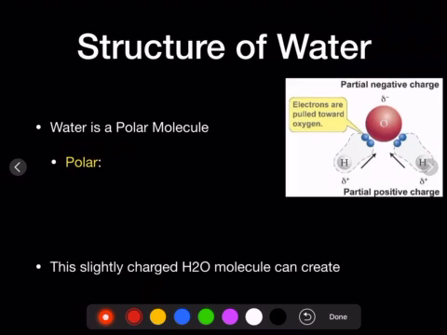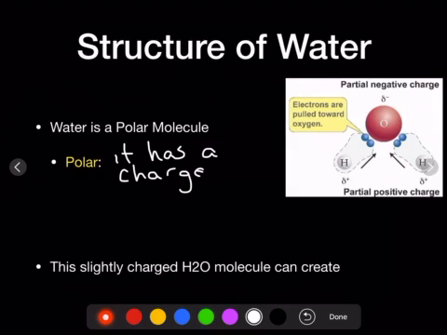Now, water is what's known as a polar molecule, and polar simply means it has a charge. In other words, water has a slight positive and negative charge toward certain atoms.